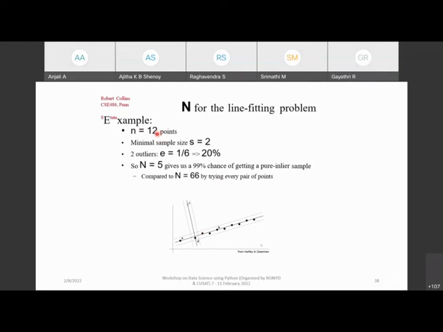You have 12 points, and choosing 2 points from 12 means you have to run it for 12 choose 2 times. 12 choose 2 means 12 into 11 divided by 2, that's equal to 6 into 11, equal to 66 pairs of points. But using this probability theory, you have shown that there is a 99% chance that within 5 iterations you are going to get the desired line equation which is going to fit the data.